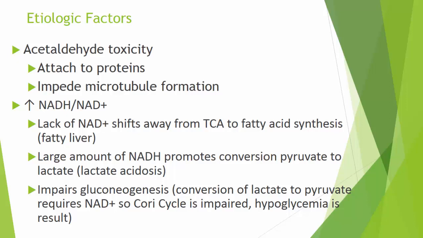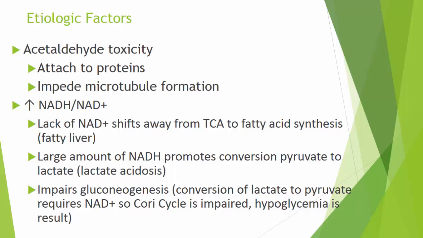Earlier, I spoke of NAD plus and NADH, and we saw with the ADH system and the activity of acetaldehyde dehydrogenase, in the processing of large amounts of ethanol, NAD plus gets used up and NADH accumulates, causing a rise in the NADH-NAD plus ratio.